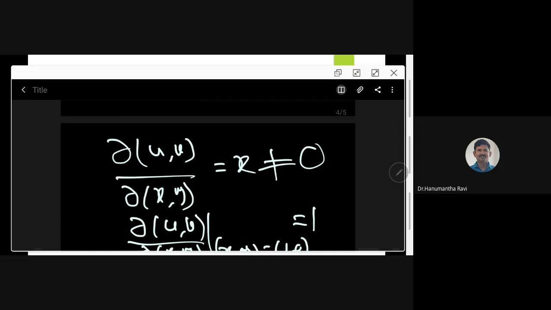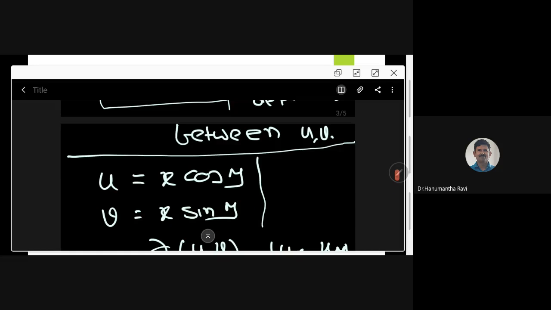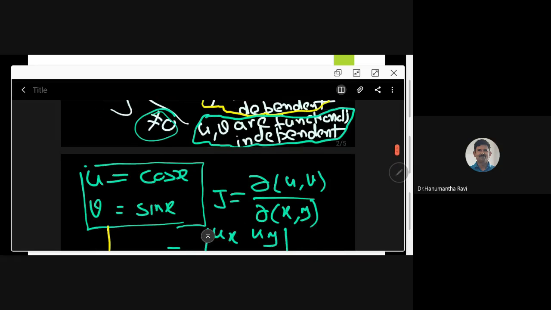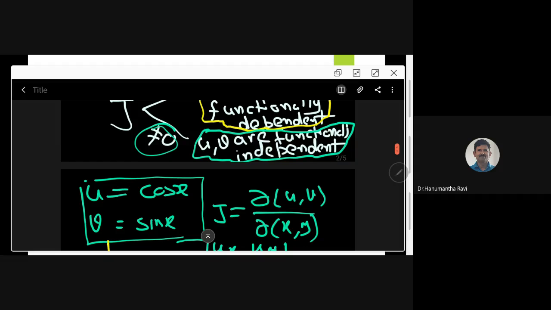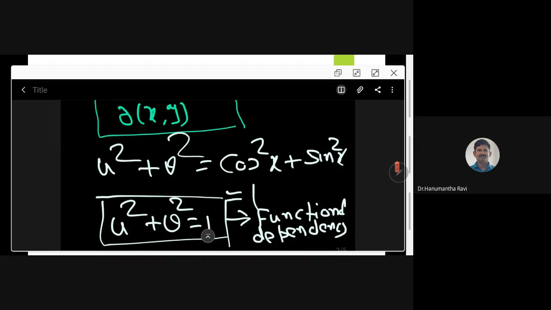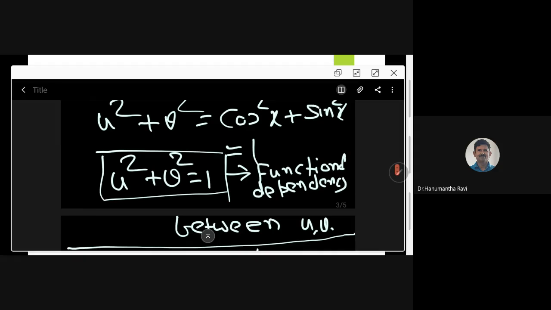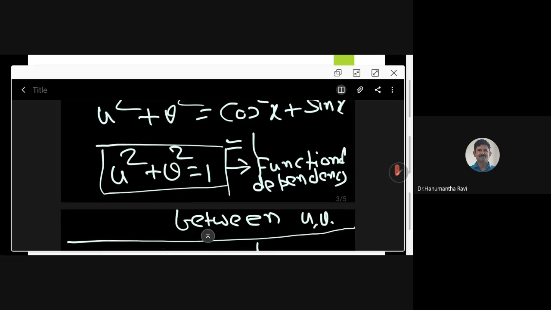So we have seen an example of two functions which are functionally independent, and an example of two functions which are functionally dependent. If they are dependent, there is an explicit relationship between u and v, that is, it involves only u and v, not x and y. Here, u squared plus v squared equal to 1 is a relationship that does not involve x and y.